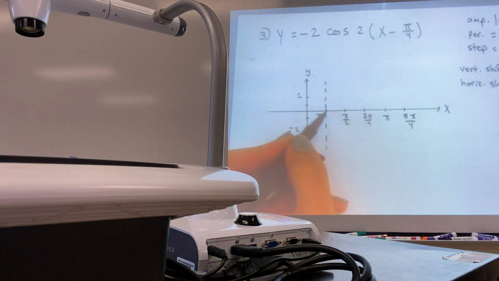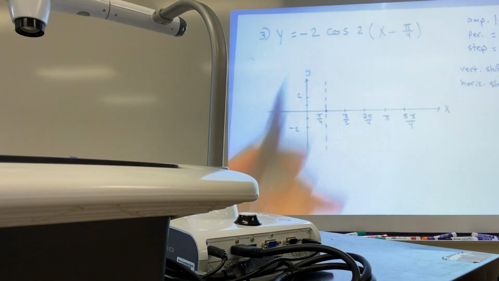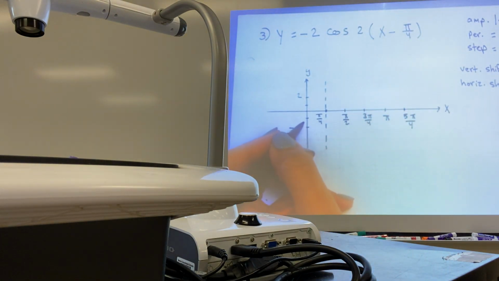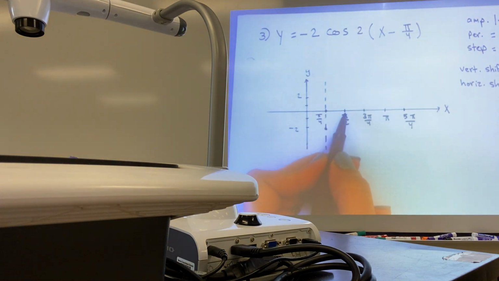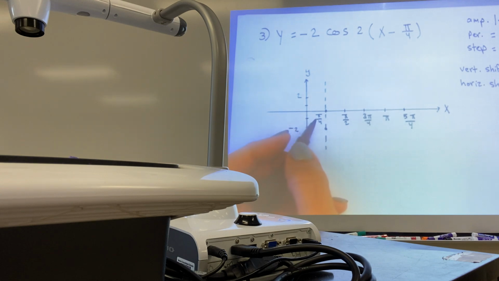Okay, so when x is pi over 4, you plug it in here, do all this, you'll get y equals negative 2. And when x is pi over 2, you plug it in here, you will get cosine will be 0 in this case.